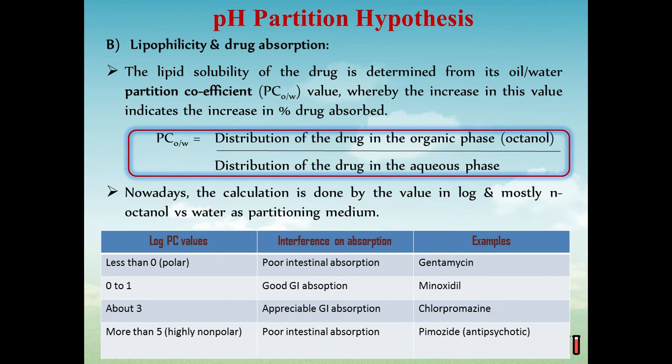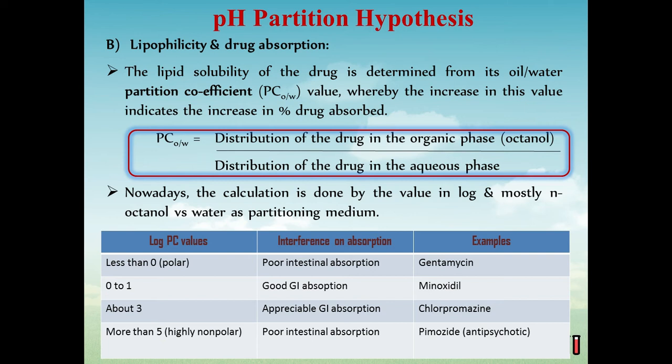If the log value is less than 0, we can say that the drug is polar or hydrophilic. It will show poor intestinal absorption, but it might show good absorption in the stomach. The example is gentamicin.